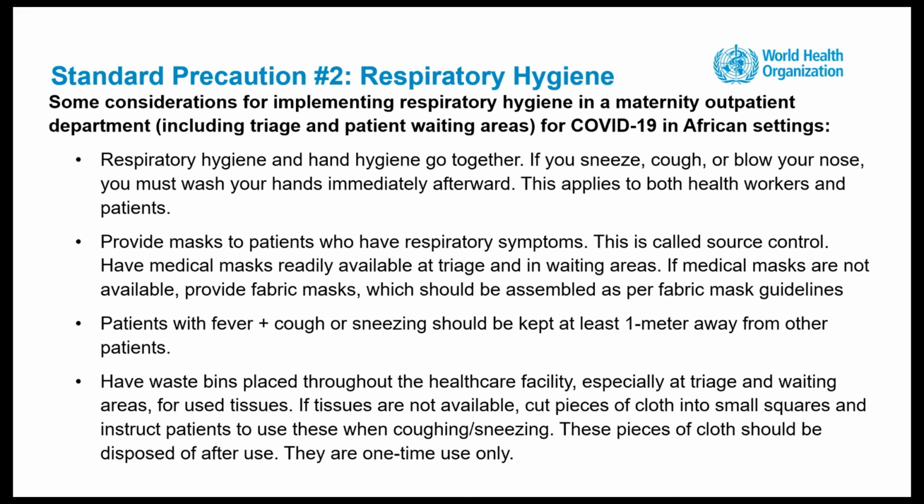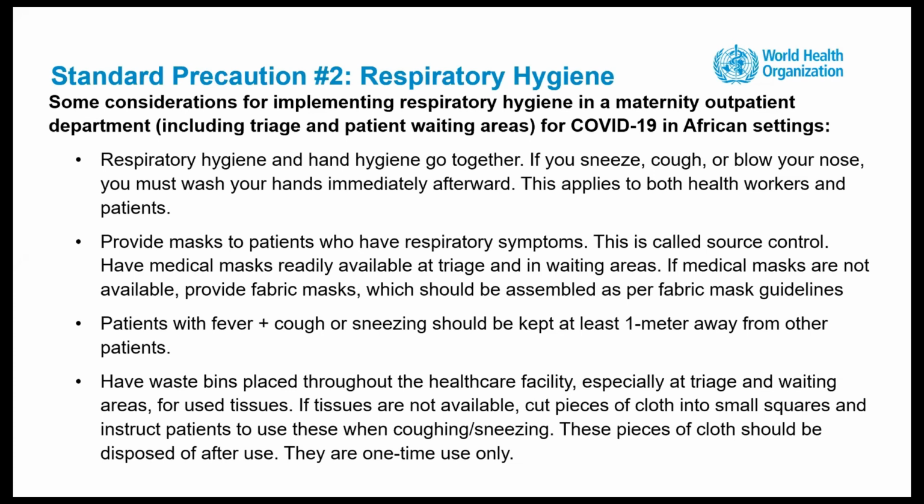The other thing you want to do when a patient comes and is being triaged, when we'll talk about triage in a minute, is you want to provide patients that have respiratory symptoms a medical mask. If your healthcare facility has medical masks available, it's very important that we give patients that have respiratory symptoms a medical mask.